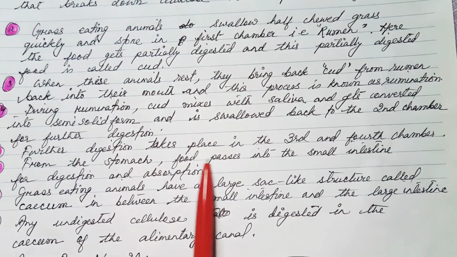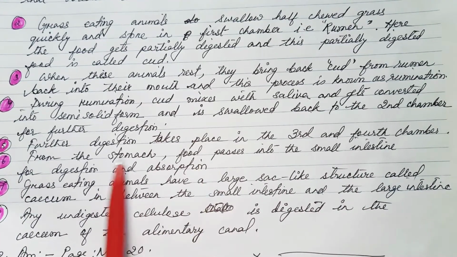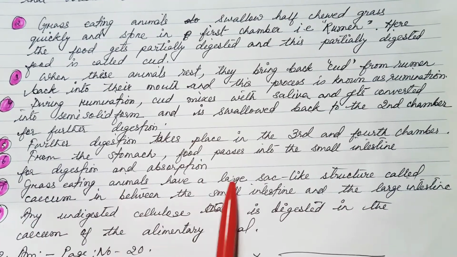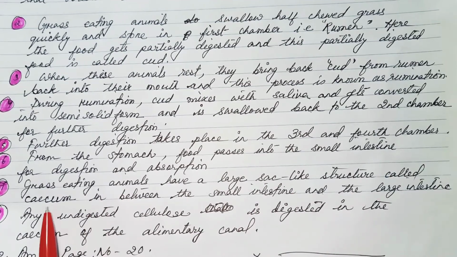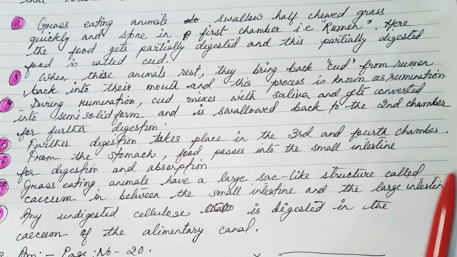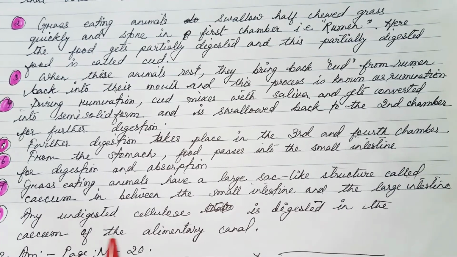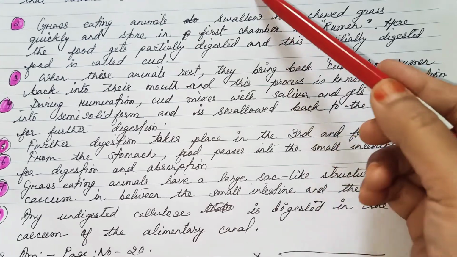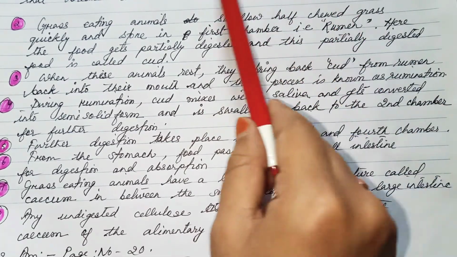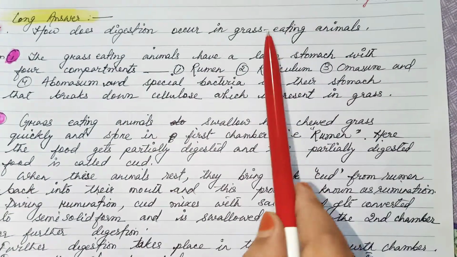Sixth, from the stomach, food passes into the small intestine for digestion and absorption. 7. Grass-eating animals have a large sac-like structure called the cecum between the small intestine and the large intestine. 8. Any undigested cellulose is digested in the cecum of the alimentary canal. So you have to write all these points for the first question, how does digestion occur in grass-eating animals.